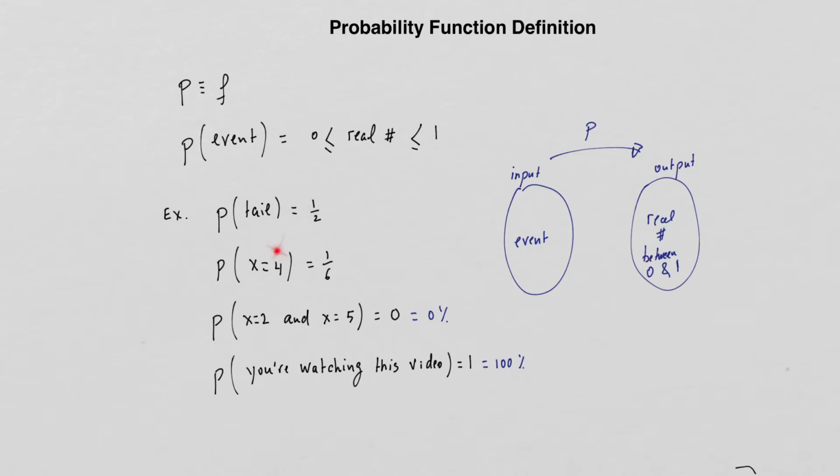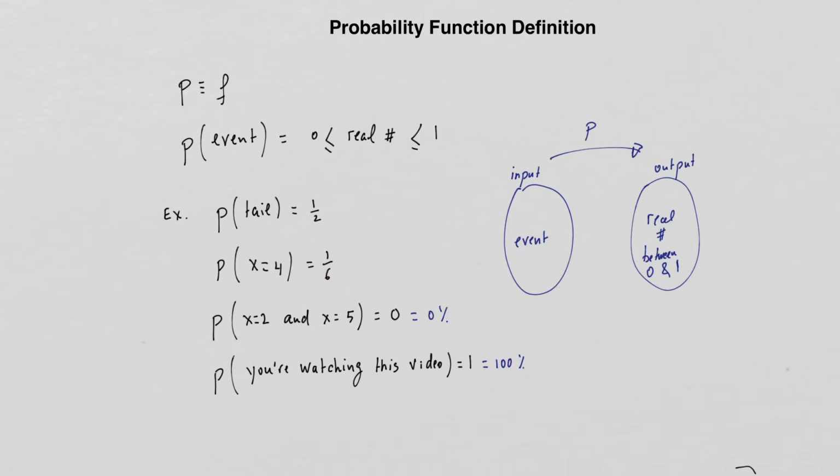And let's say you roll a die, which has 6 faces. This means the probability that you roll a 4, that the top face is a 4, well, if the die is fair or unloaded, that probability is 1/6 because there are 6 options.